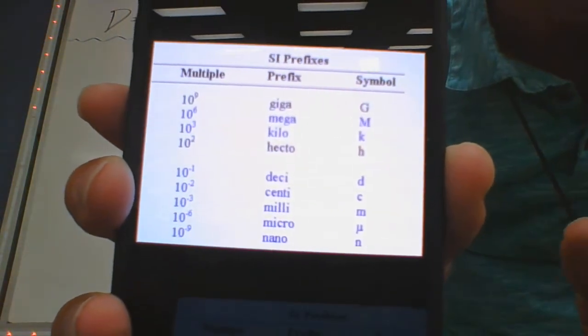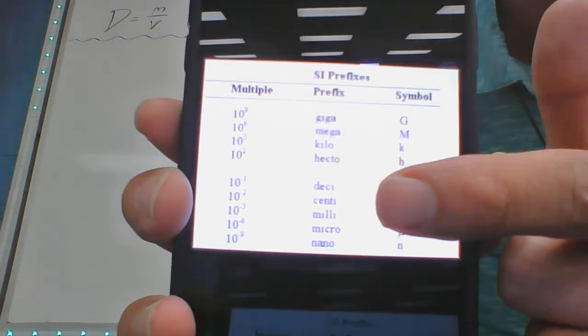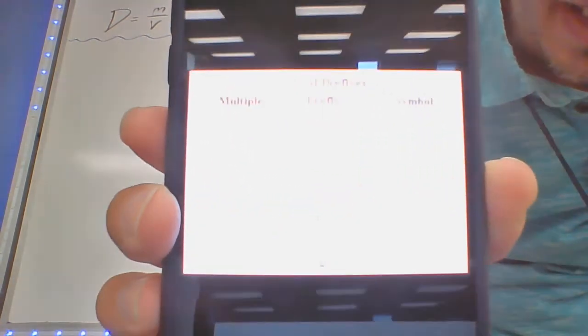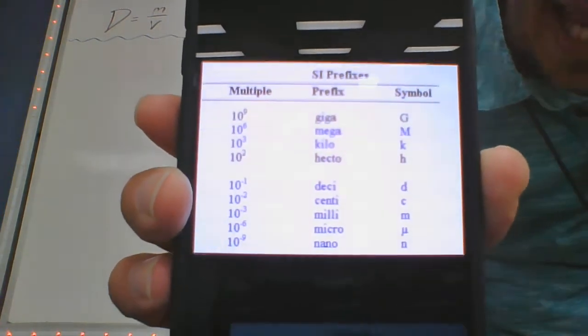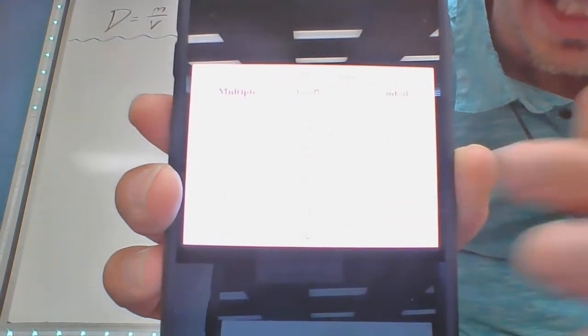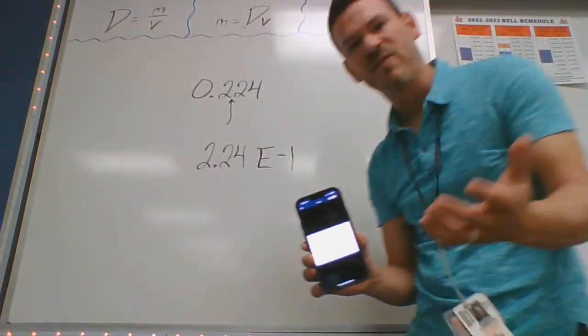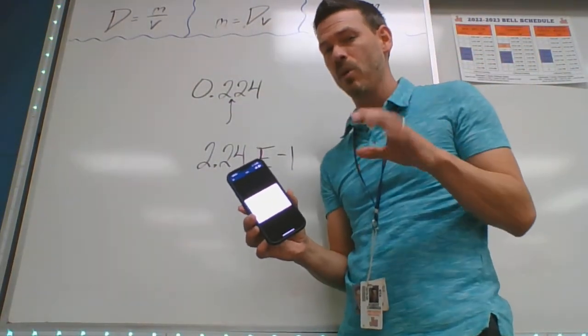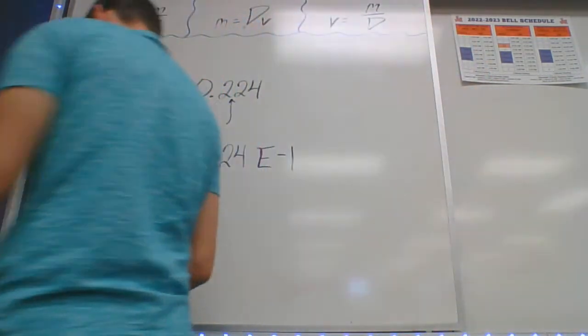As you go up this list, those prefixes are making the units larger. As you go down the list, the units are getting smaller. That'll be important as I'm explaining this to you.